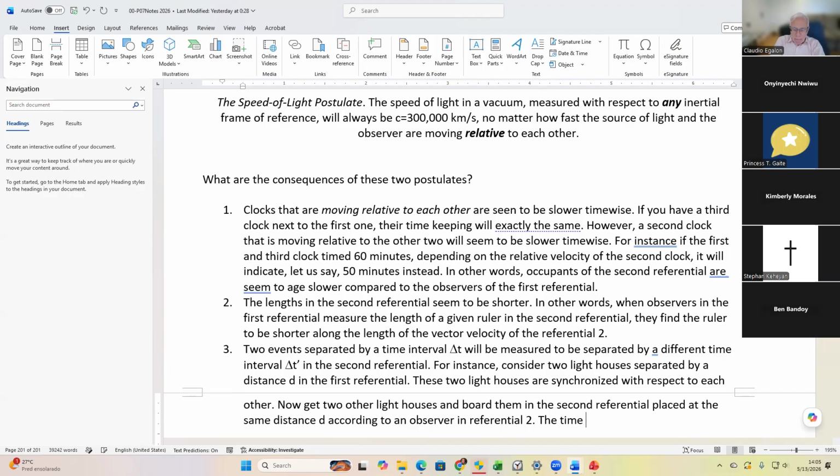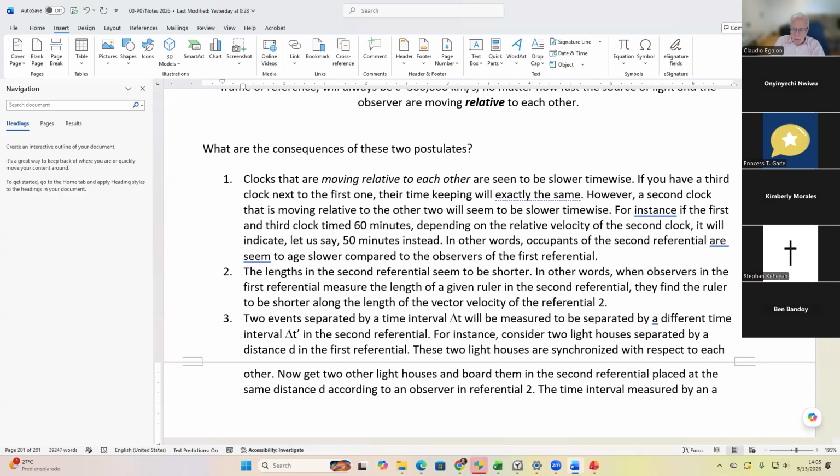The time interval measured by an observer in referential 2 still will be 0 seconds, because the two lighthouses are synchronized with respect to each other.